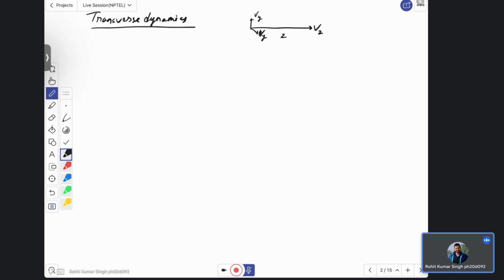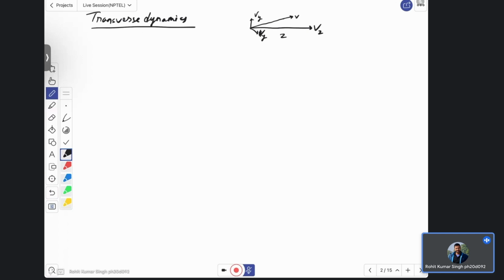So the resultant component of velocity is in a direction which is not towards the z direction, which is favorable.